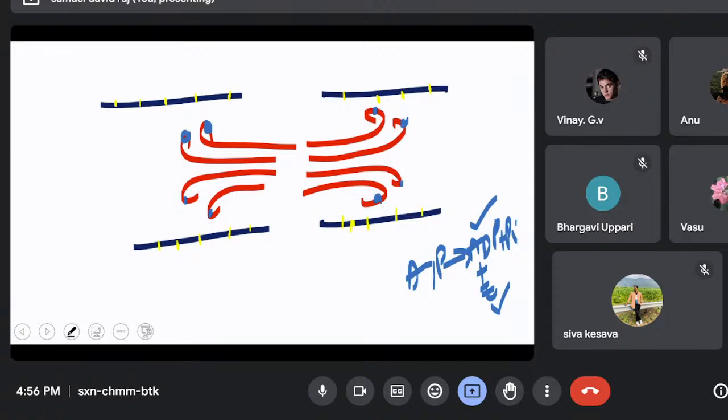Okay, this is what happens. After that, we have seen that the myosin molecule has two hinges based on which it can bend, like our fingers. Our fingers have 1, 2, 3 hinges where the finger can be bent. Likewise, myosin has two hinges based on which it can bend or stretch.